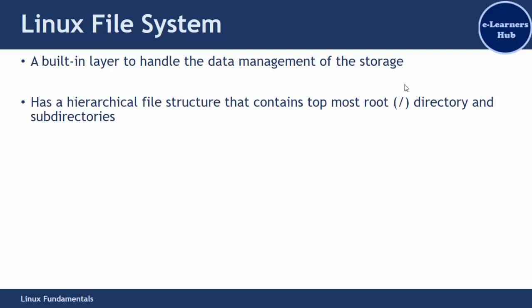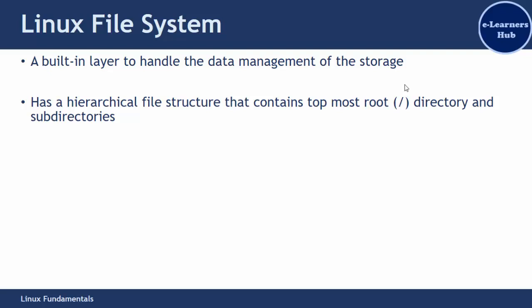Linux has a hierarchical file structure that contains the topmost root directory under which all other directories are available. The topmost directory in Linux is the root directory, that is the main directory in Linux.